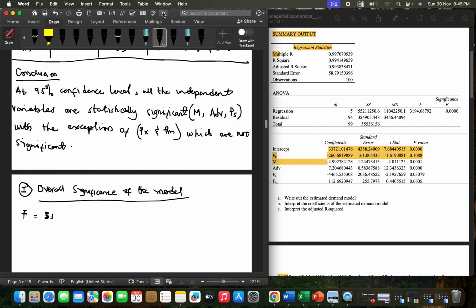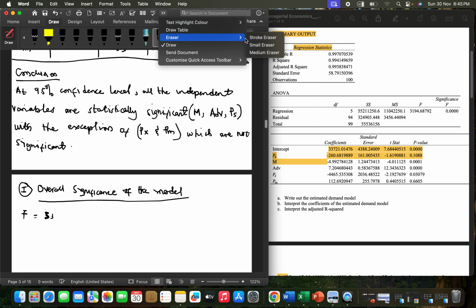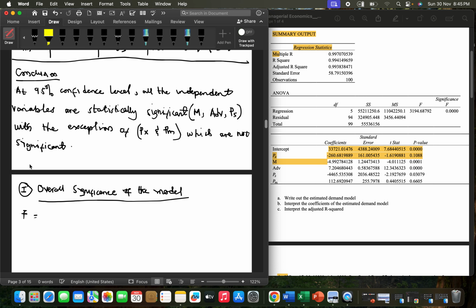Let me clean it. So the F value, this is it. 31319.4.68792, and the other one, the significance F, was 0.0000.